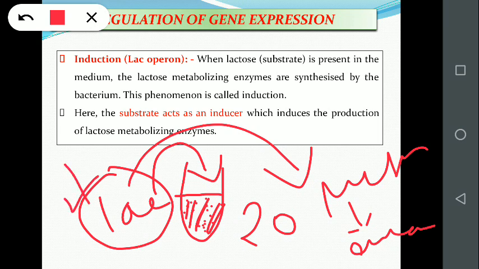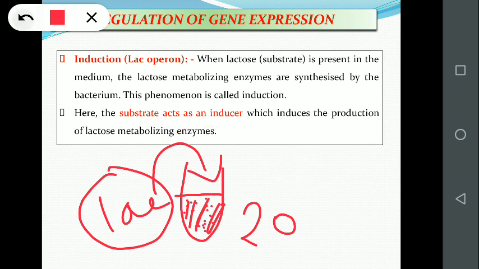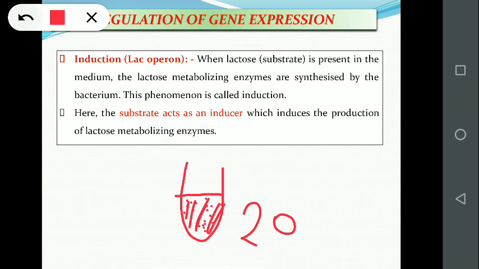Lactose is acting as an energy and material source. It is just food material for these E. coli cells. So when we add lactose to the medium, it starts using the lactose, and the bacteria will grow.